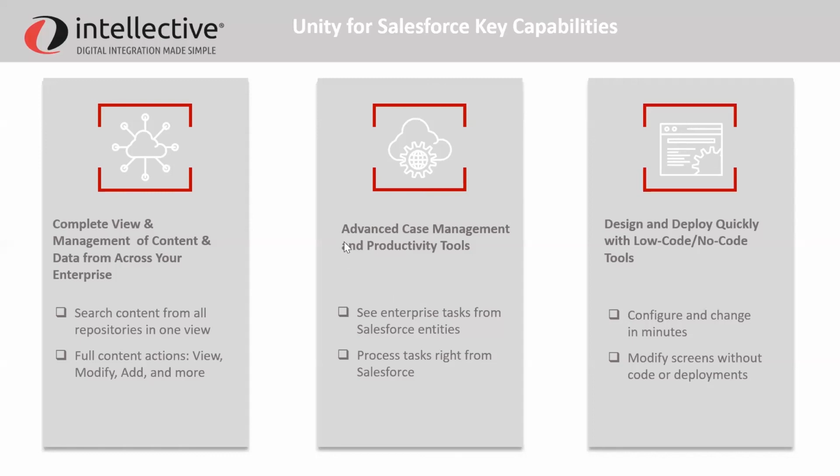All right, so I just wanted to recap some of the key capabilities of Unity for Salesforce that you saw today. First off is a complete view and management of content and data from across your enterprise. So not only searching one repository, but searching multiple repositories of content and data, and also business enterprise applications like workflow, all from Unity. And also being able to take full content action, in other words, view, modify, add, if you want people to do that, and you don't lose any of the security or management you have from those original systems. The same thing applies for advanced case management and productivity tools.